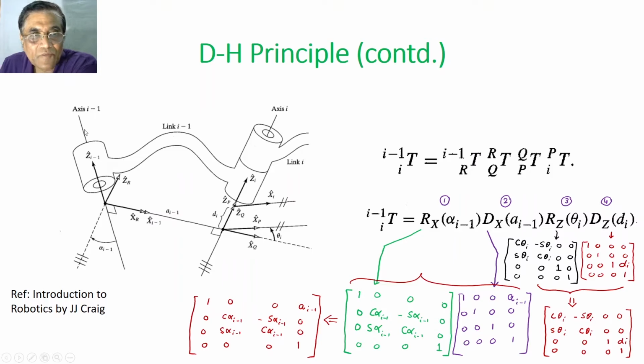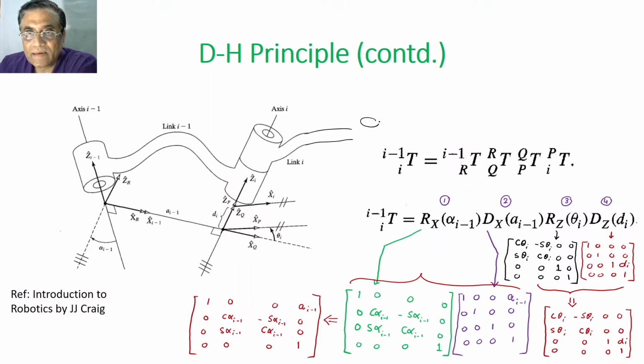Now we have identified these, and we need to deduce a very simple relation, so that our matrix again will be 4 by 4 and will carry all these generalized parameters inside it. So you see, this is axis i, this is link i minus 1, this is link i, and it is extended again.